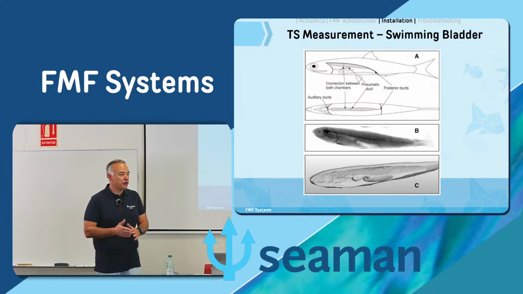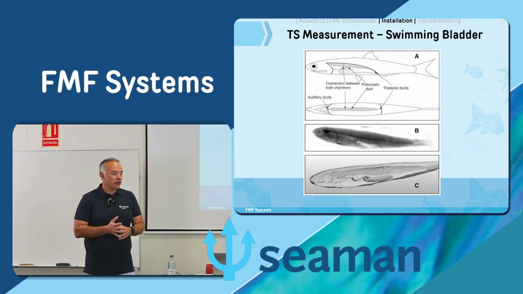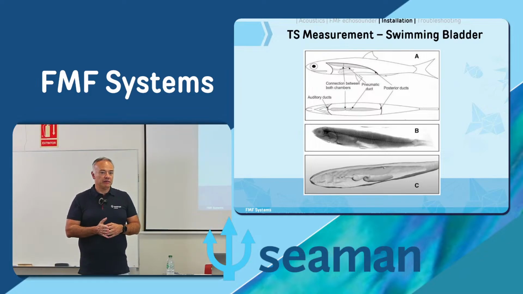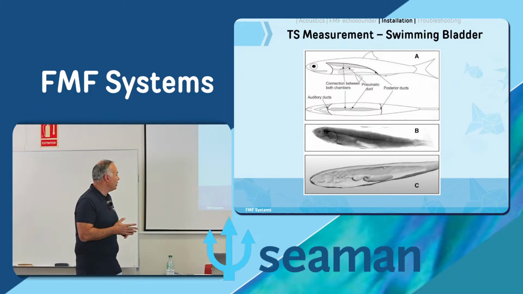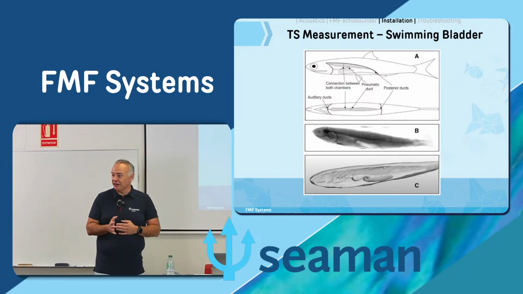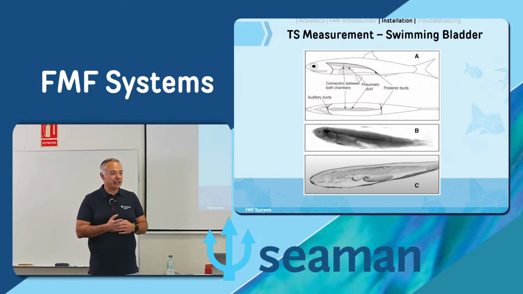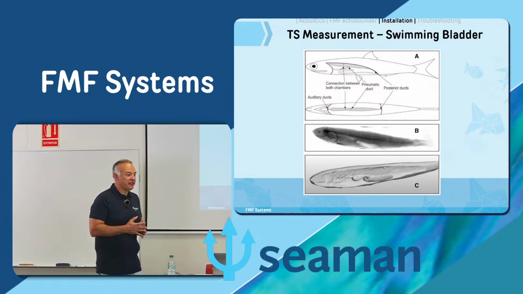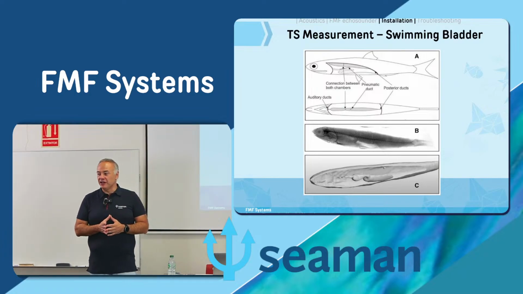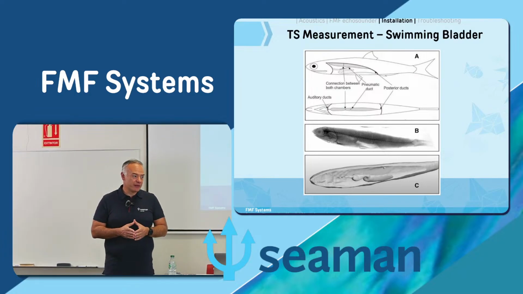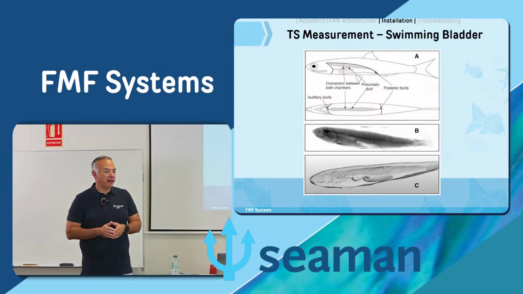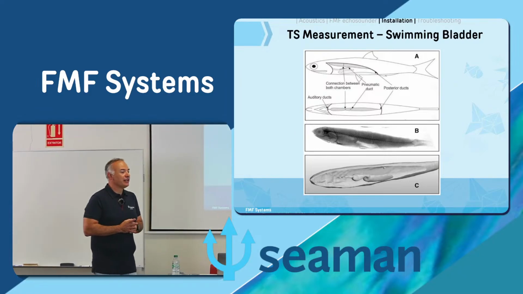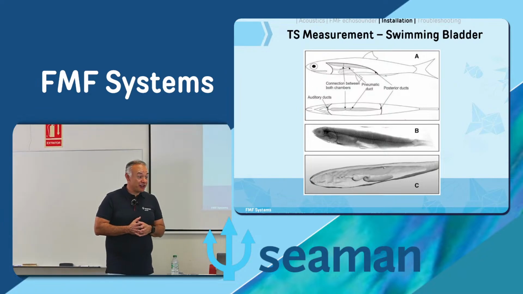The fish uses the swimming bladder to alter depth easily, not using the tail and the impulse, but using physics. They fill this swim bladder with gas. Sometimes they fill it with a mixture of gas and wax, but generally it's gas.